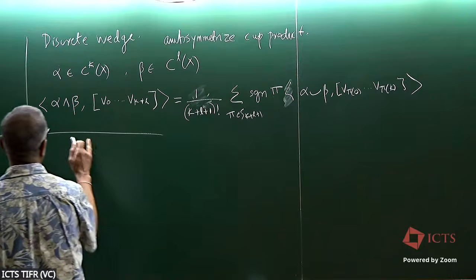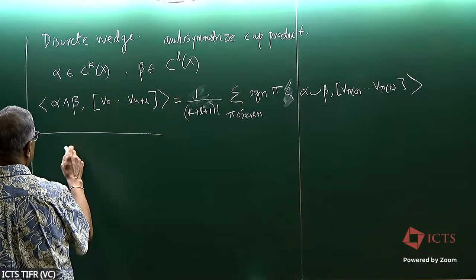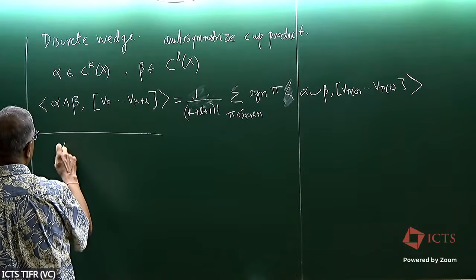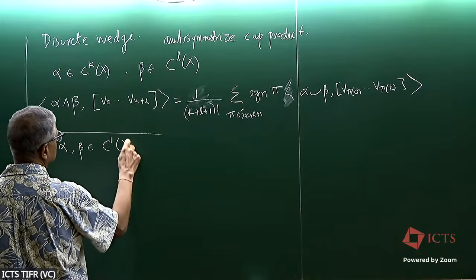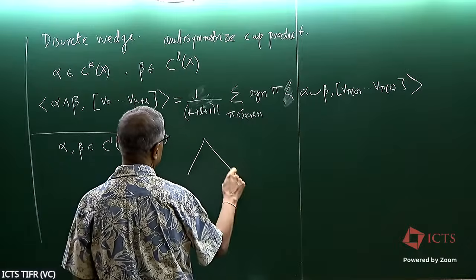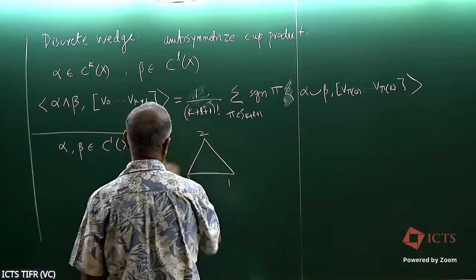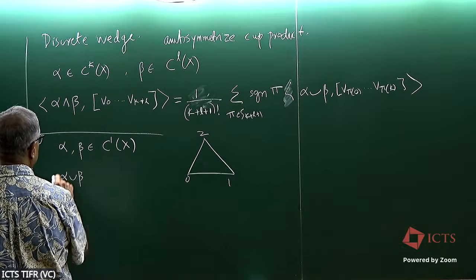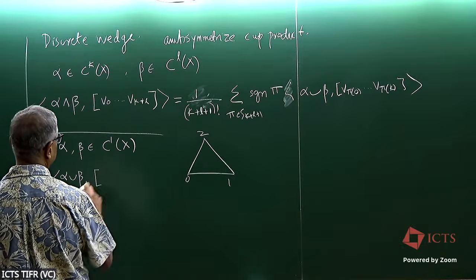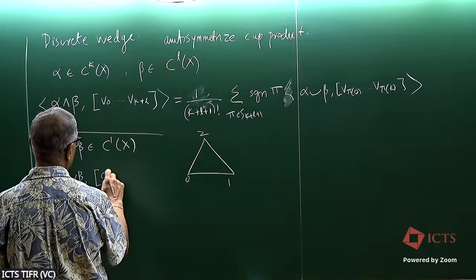So what is a cup product? Let's take alpha and beta to be 1 cochains on a triangle. Then the cup product is not actually a cochain, but we'll still evaluate it on 0, 1, 2.